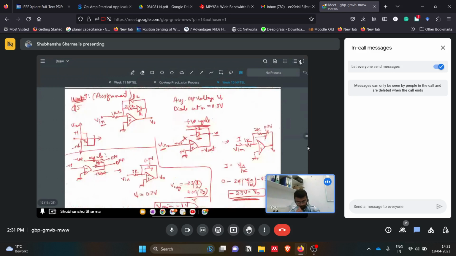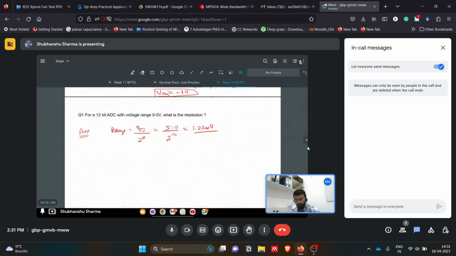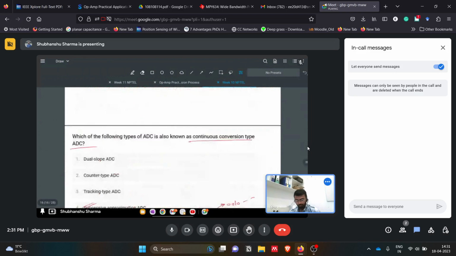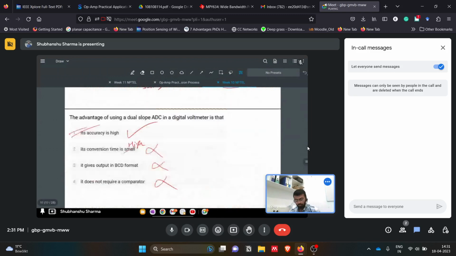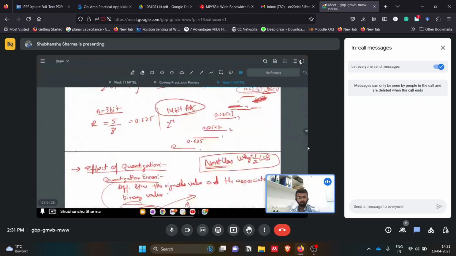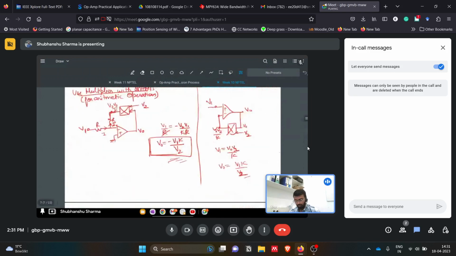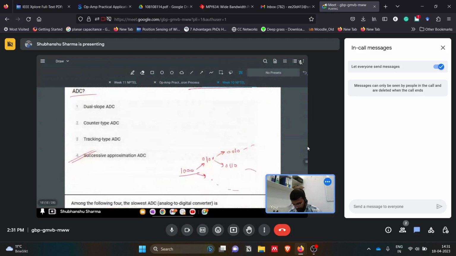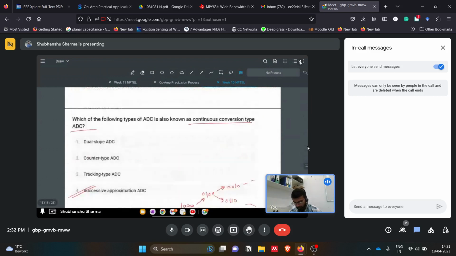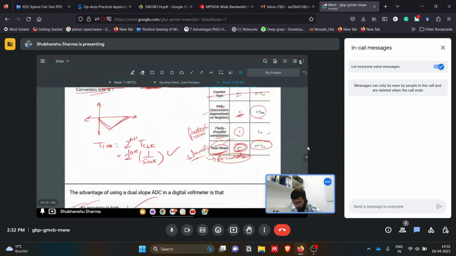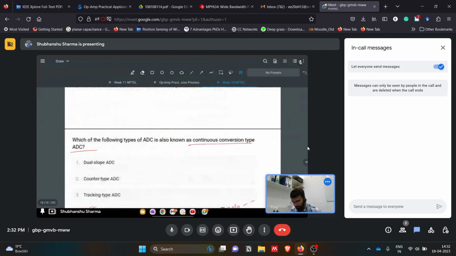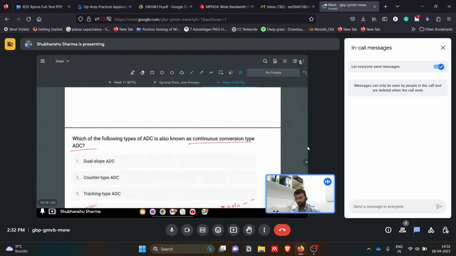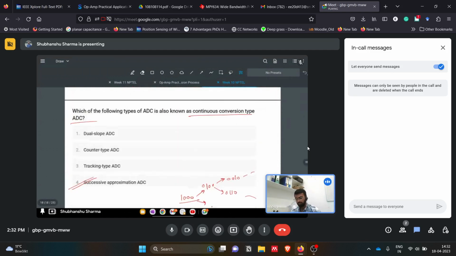And then we solved some of the assignment questions and some extra questions also. So this was all about the week 10 lecture. There were questions on successive approximation and also dual slope ADCs. We talked about dual slope ADCs and counter type ADCs.